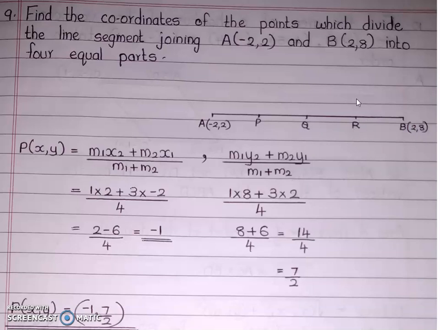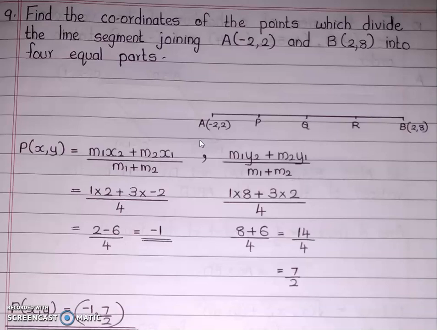So if I consider the point R, this AR is 3 centimeter and RB is 1 centimeter. So the ratio in which the point R divides the line segment AB is 3:1. So the point P divides in the ratio 1:3, Q divides in the ratio 1:1 and R divides in the ratio 3:1.